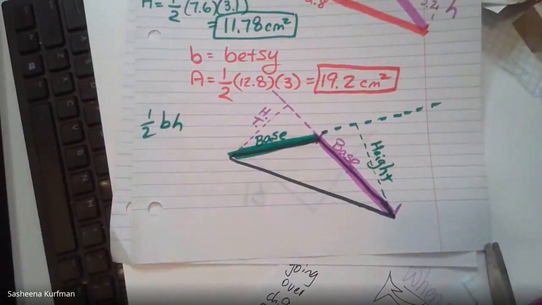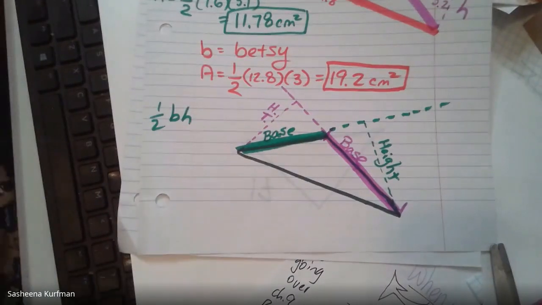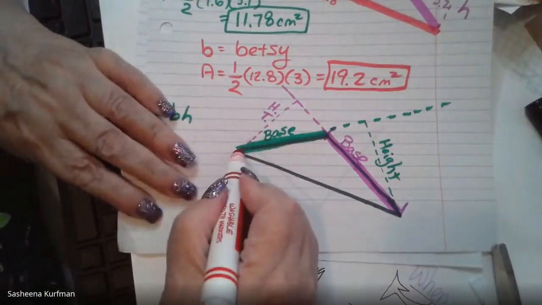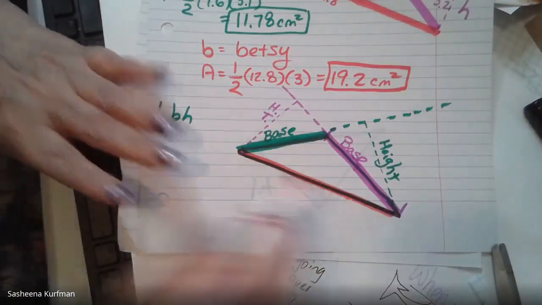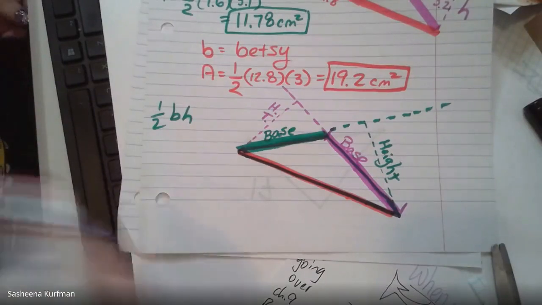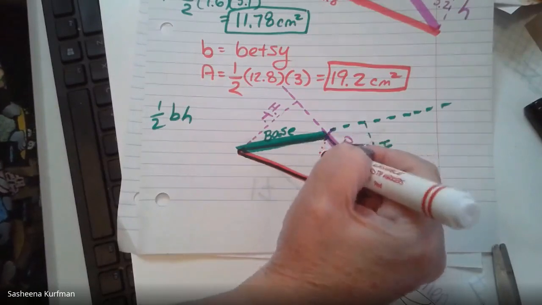So now let's look at the final side. That's the side that's red, and that's Betsy's. Here's Betsy's side. If I want to find the height for Betsy's side, I would normally do it right here, but Charlie had already used that measure.